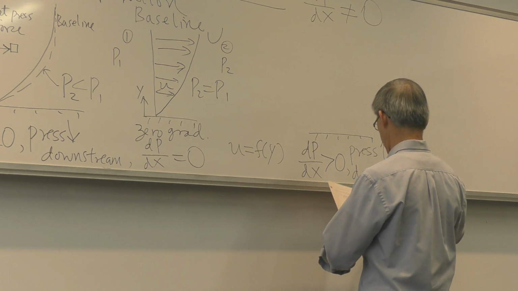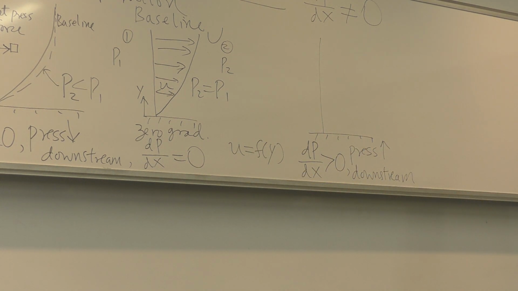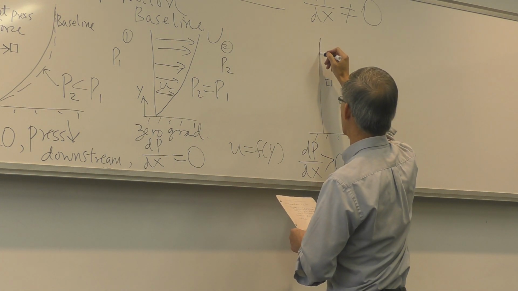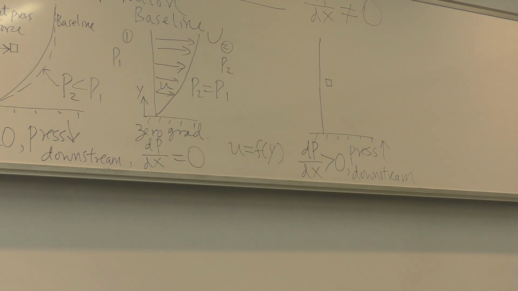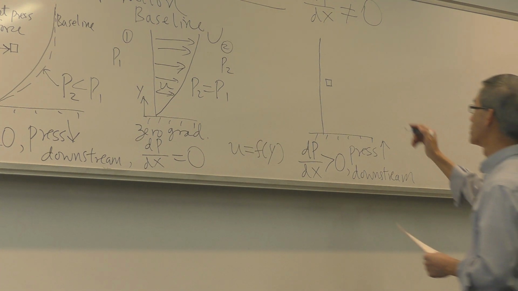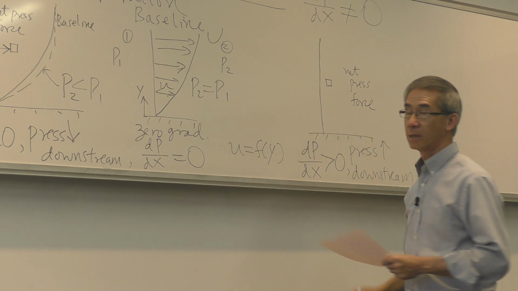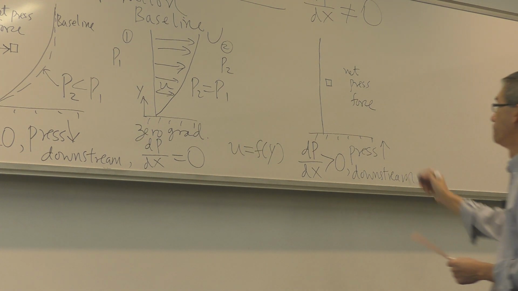as I go downstream. So the same boundary layer now has to be subject to a little bit different pressure force. So the same element dx dy in my boundary layer, because of the new pressure distribution upstream and downstream, which direction will the net pressure force be acting on this element? To the left or to the right? It will be opposite from what we did before, right? So which direction will it be acting? Pointing to the left.